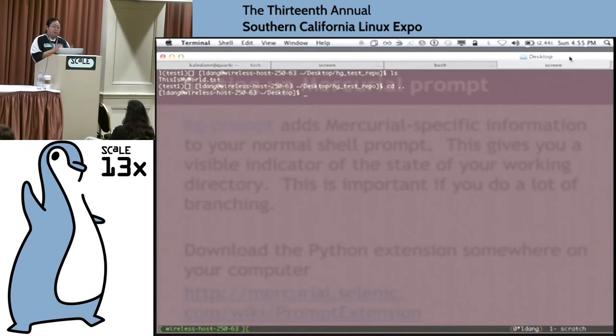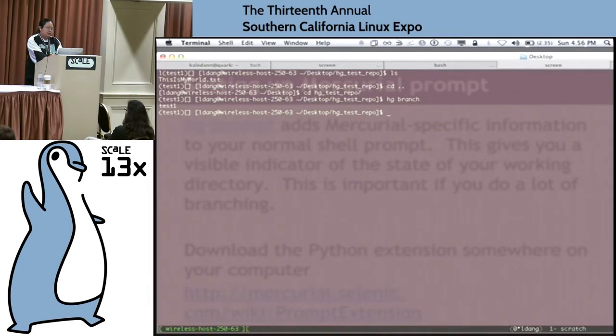So what you can do with the prompt extension is that you can encode extra information about your repository state in the prompt so that you aren't constantly asking the repository, hey, tell me what my state is, tell me which branch I'm on, tell me where I am in my repository. By encoding the information in the prompt, you can look at the prompt and know right away, hey, I didn't commit something. So what this prompt is telling me is that I'm on the test 1 branch. And it's telling me that I've committed all the changes that I wanted to commit.